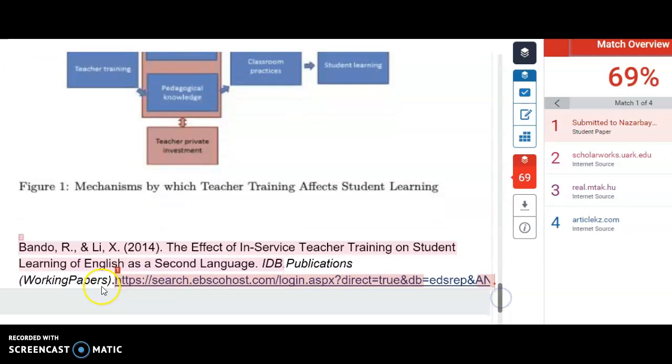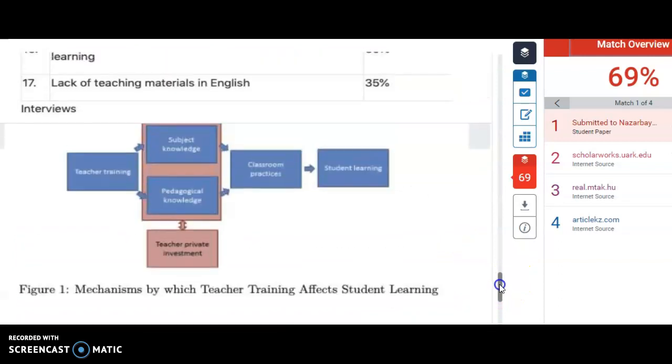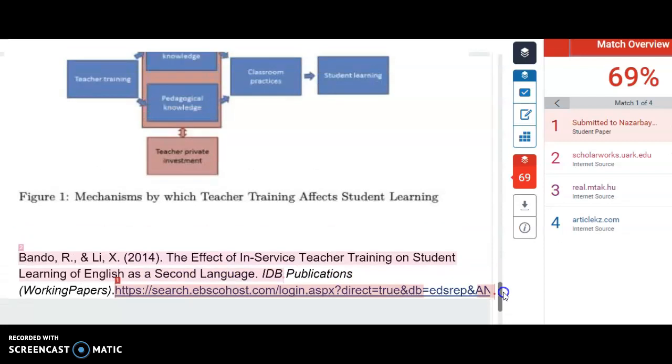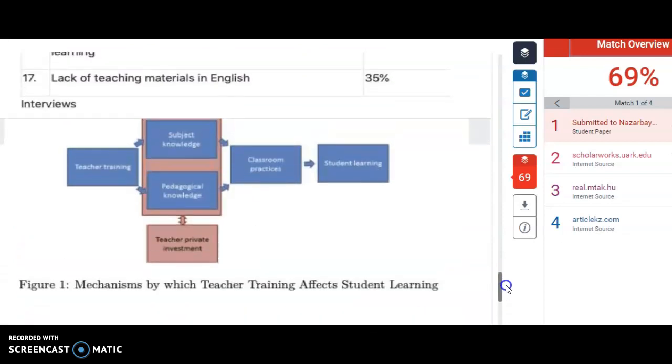But if this is your second source, you could say another source that really inspired me or really helped me understand the issue was Bando and Lee, 2014. That source mostly discusses mechanisms by which teacher training can actually affect student learning. We can actually train our teachers so that they can make more of an impact in the classroom.